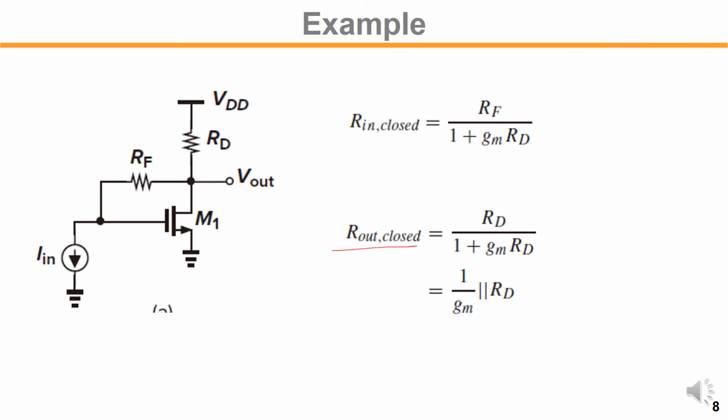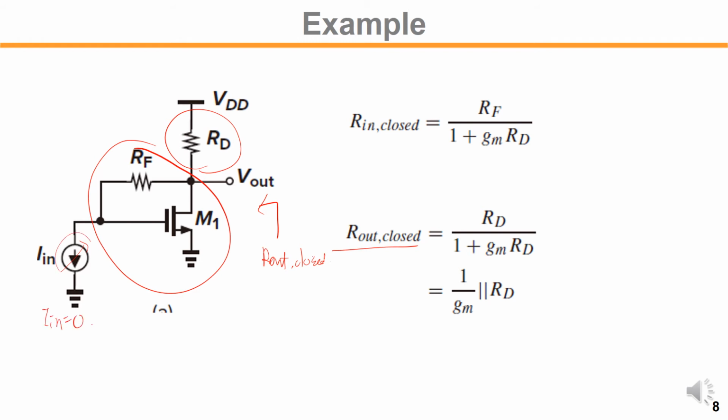For the output impedance, you can have some kind of insight. If you have some insight, it can be easily calculated. So we have RD in parallel with this guy. The input is open because we consider that I in is equal to 0.